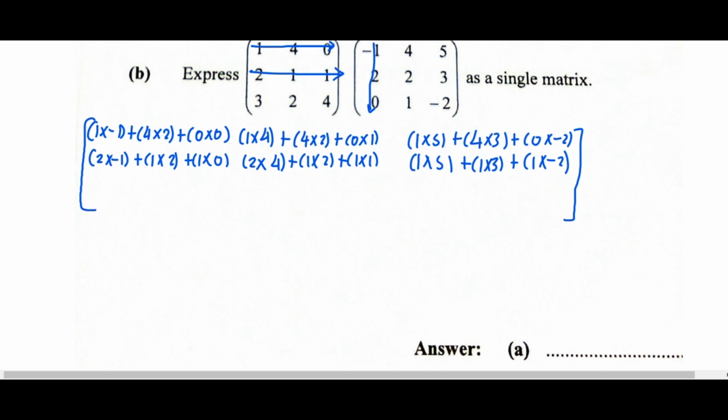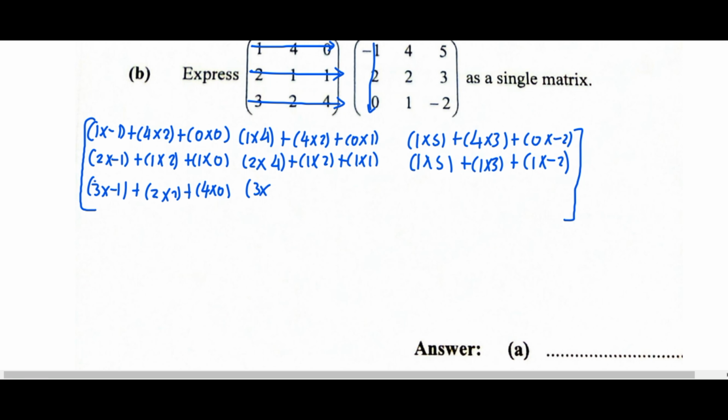So we move on to the last row, row 3. So it's 3 times -1 plus 2 times 2 plus 4 times 0. So we go to row 3 times column 2.